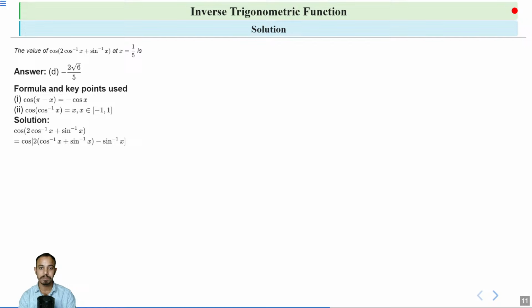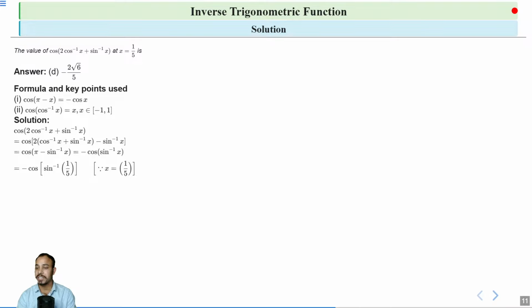Now you know cos inverse x plus sine inverse x is equal to pi by 2, so use this. Then this is equal to cos of pi minus sine inverse x. And you know cos of pi minus x is equal to minus cos x. So cos of pi minus sine inverse x is equal to minus of cos of sine inverse x.